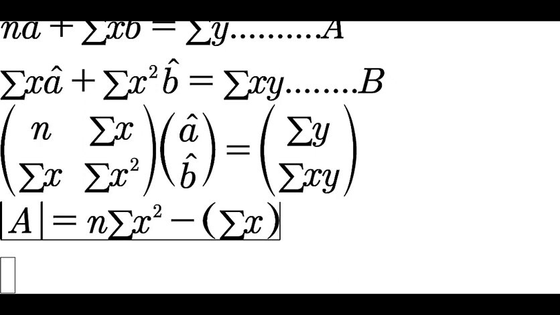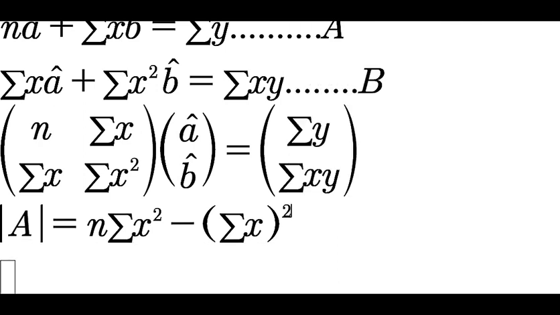So this becomes our non-zero determinant. If not, the system has infinitely many solutions.